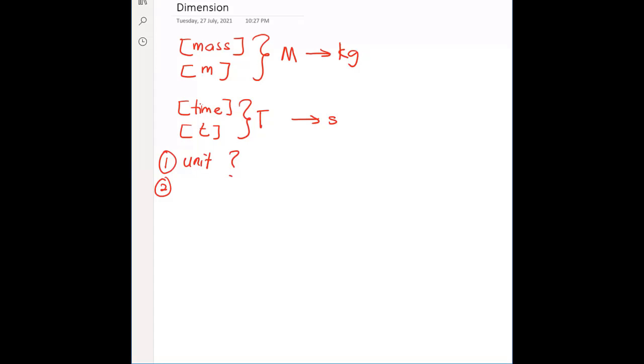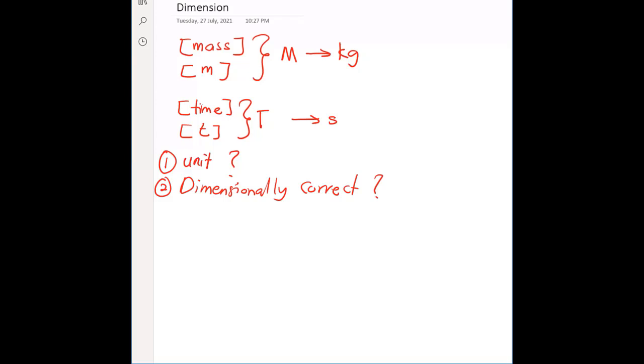So kita nak cari whether it's dimensionally correct. And we're gonna use the principle of homogeneity. So what is the principle of homogeneity?